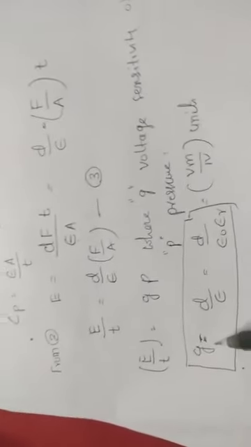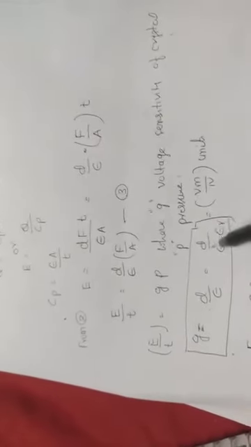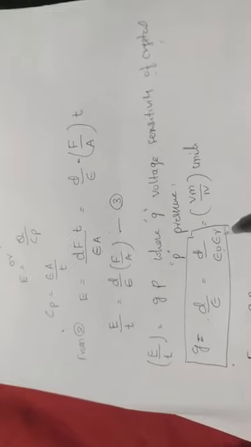So G is equal to D by epsilon, that is D by epsilon or epsilon naught. So E by T is G P, so E is equal to G P into T. This is the final equation of the piezoelectric transducer output voltage.